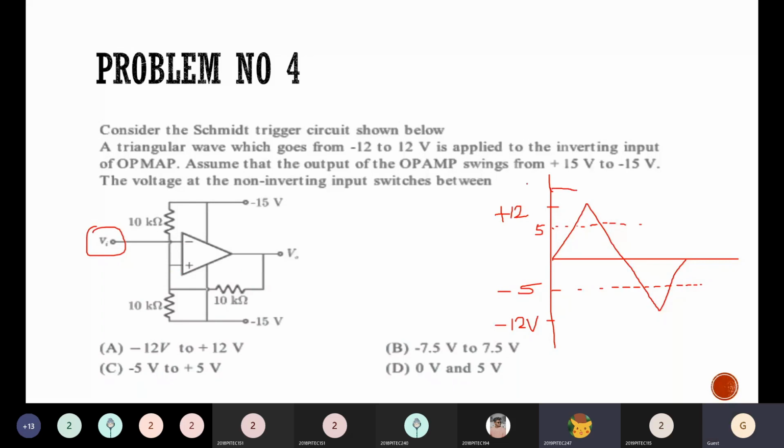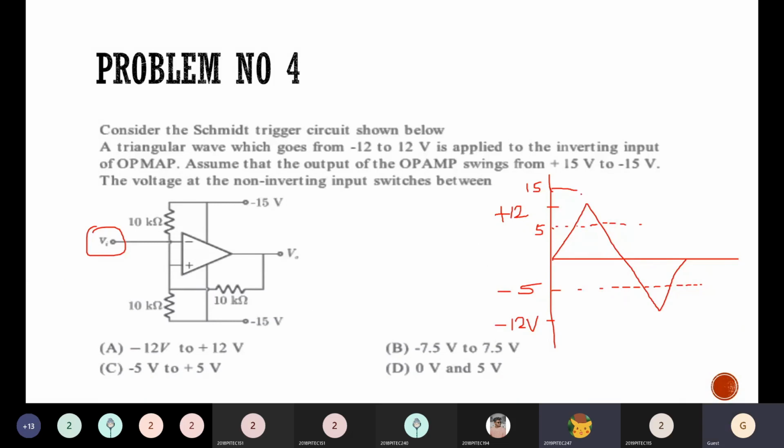This is 15 volts, right? And once your input crosses this 5 volts, what will happen? Your inverting terminal input is higher, and therefore your output will go to minus Vsat. So at this point, your output will go to minus Vsat.